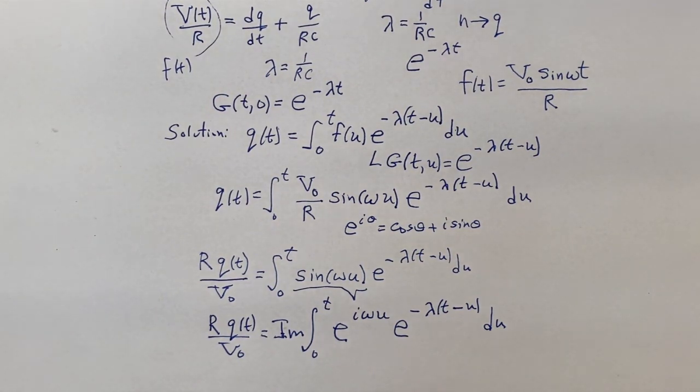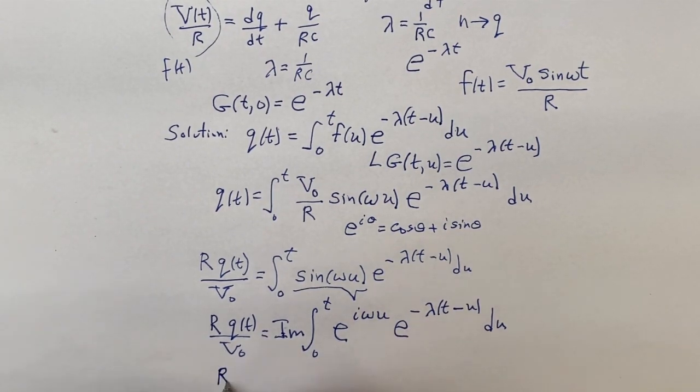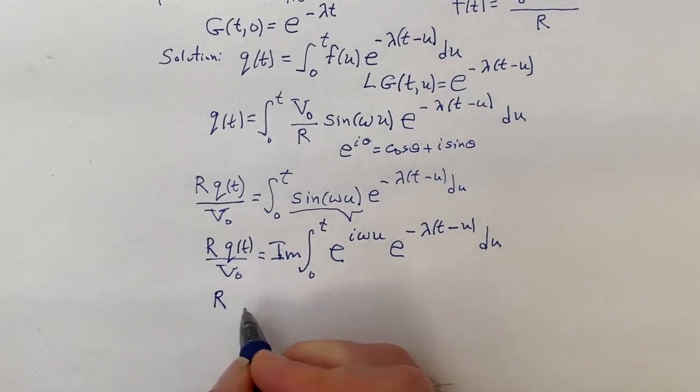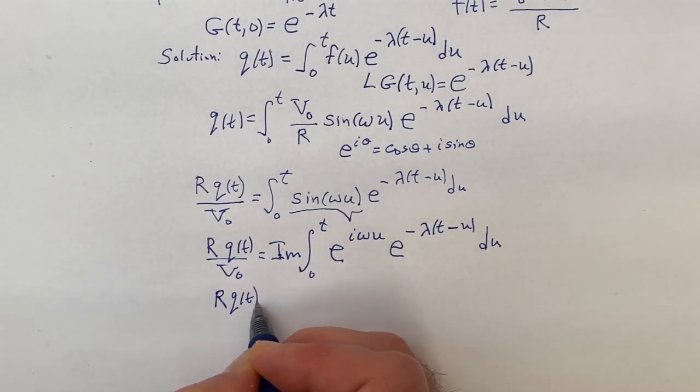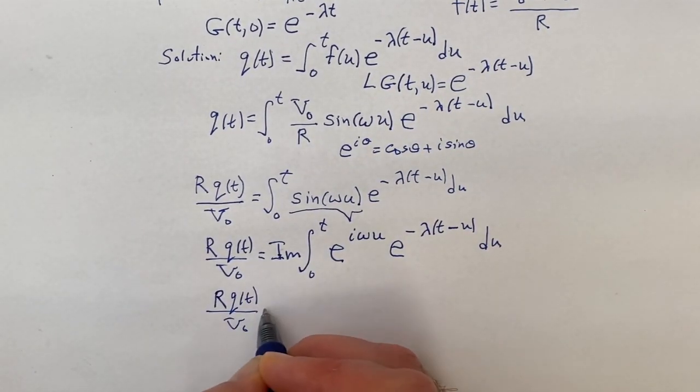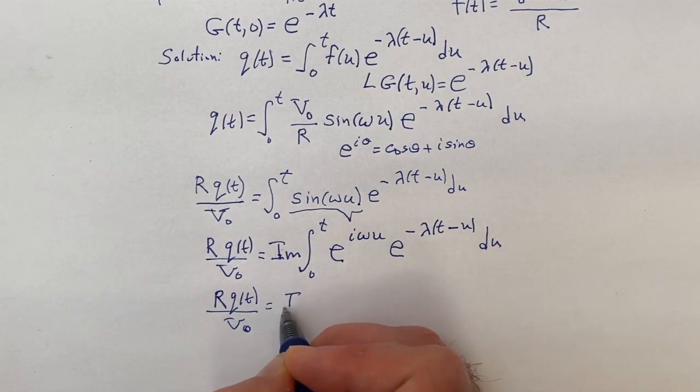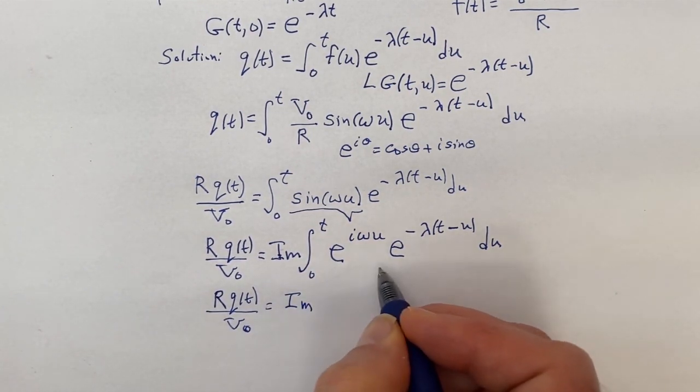So let's note that we can take e to the minus lambda t out, since there's no u there. So if we have here R Q t over V naught is the imaginary part.